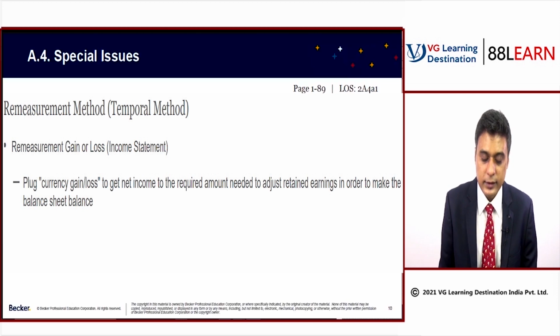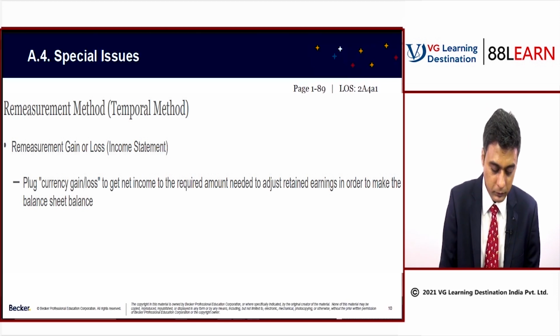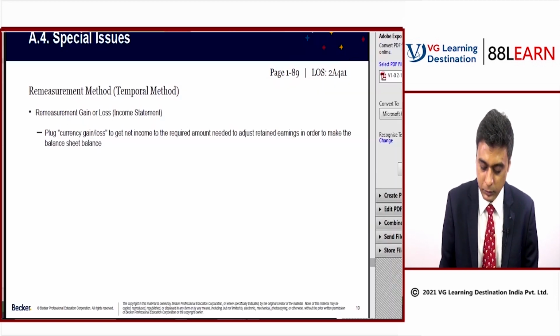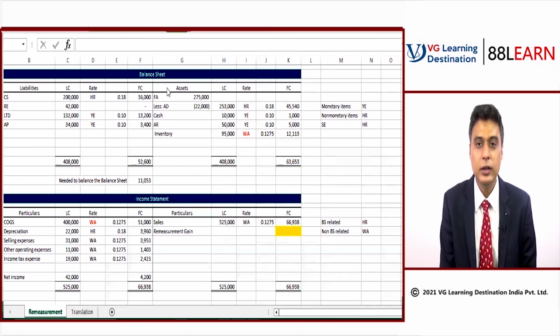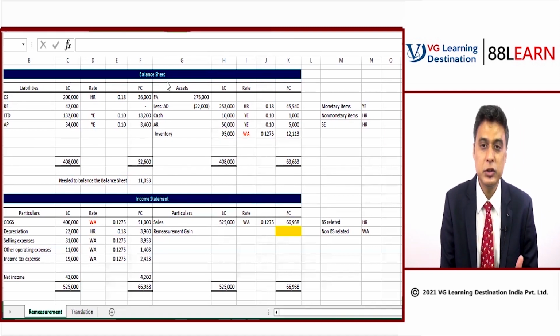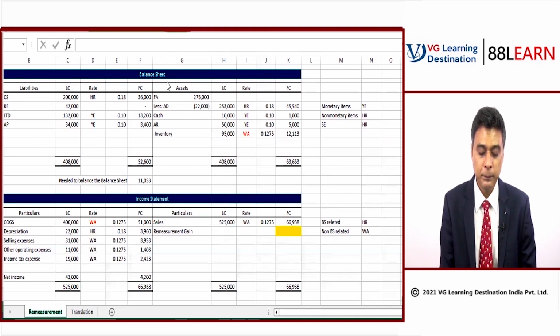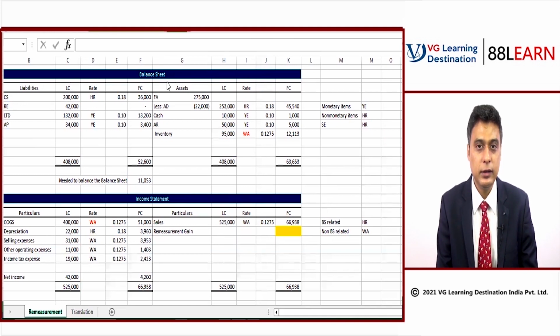Now let's do one thing. Let's do an example. This is remeasurement. So here we have the balance sheet. In the remeasurement method, this is the remeasurement method that you can see on the screen. We start with the balance sheet, right? Then go to the income statement.